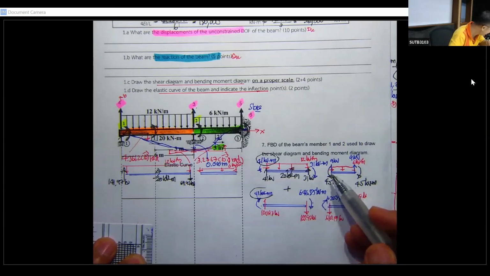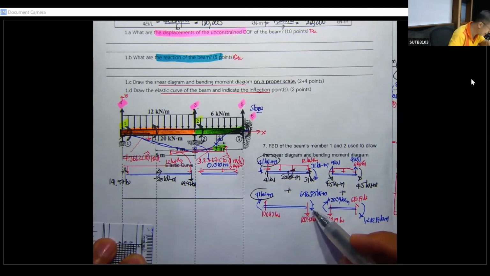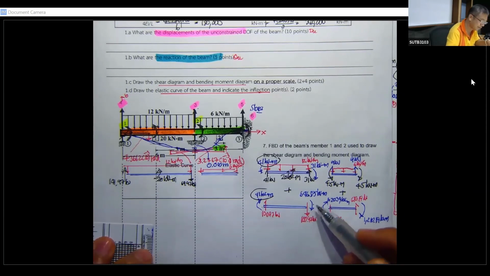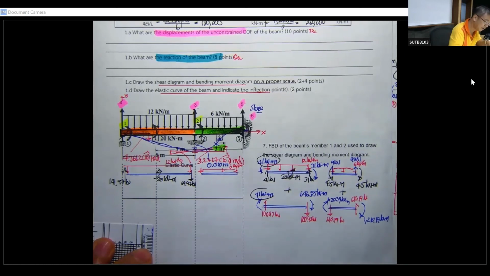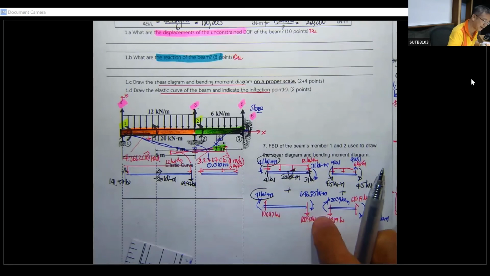Hey, is that correct? No. Let me check. 6, 4. And that's correct. No, this is 6. 646.8. This is wrong. This is positive.